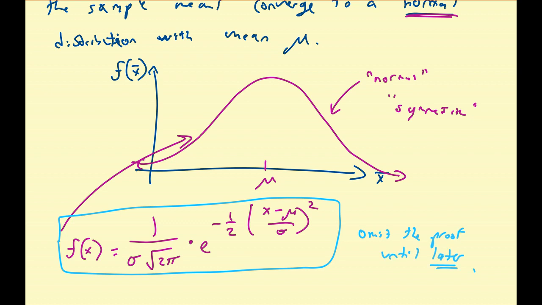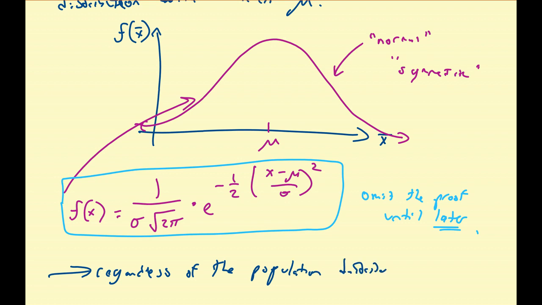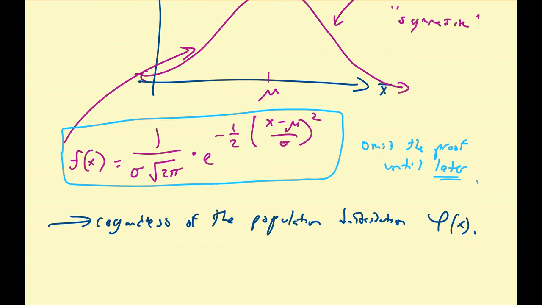But that's interesting. It doesn't matter pretty much what's going on here. And that's going to be the last important thing. This is going to be regardless of the population distribution. So it doesn't matter if the original population is uniform, skewed left, skewed right, bimodal, or pretty much any type of shape that you want.